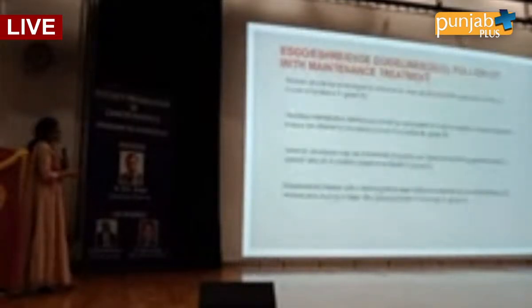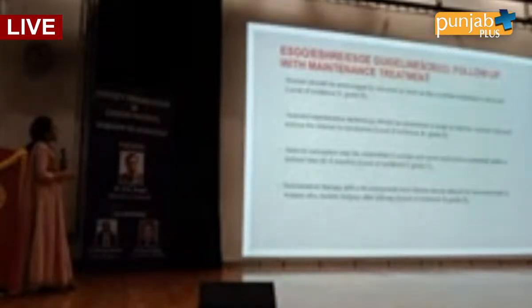Women should be encouraged to conceive as soon as the complete response is achieved. ART should be considered in order to improve the success rate and reduce the interval to conception. And natural conception may be considered in women with good reproductive potential within a defined time, that is 6 to 9 months only. And maintenance therapy with IUD should be recommended to women who decline surgery after the delivery.